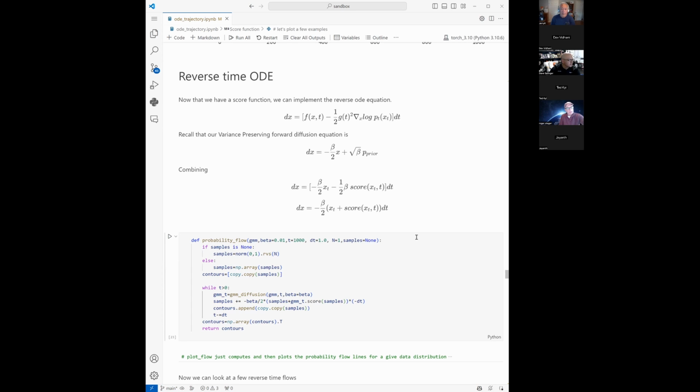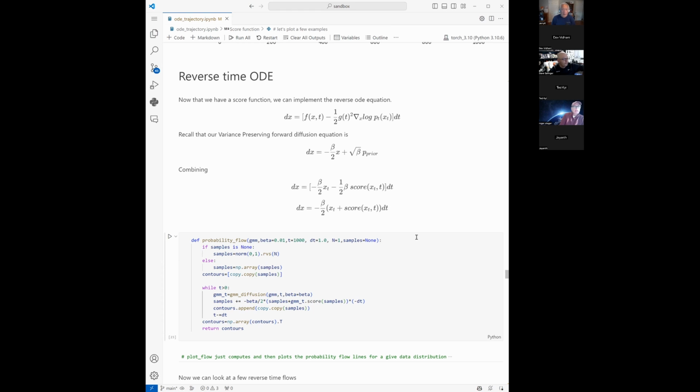If you look at the equation that we're using, beta over 2 is going to be the F, and the G is going to be the square root of beta. If I plug those back into this reverse time ODE equation, I come up with the bottom one.